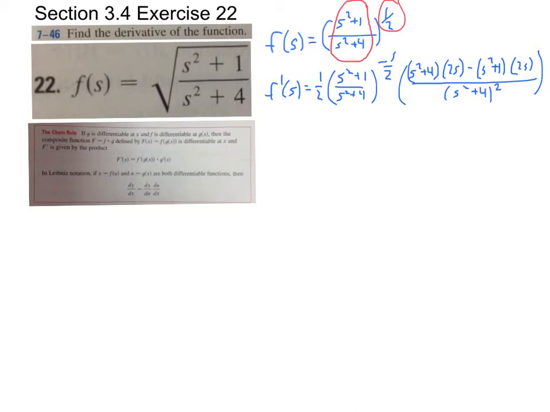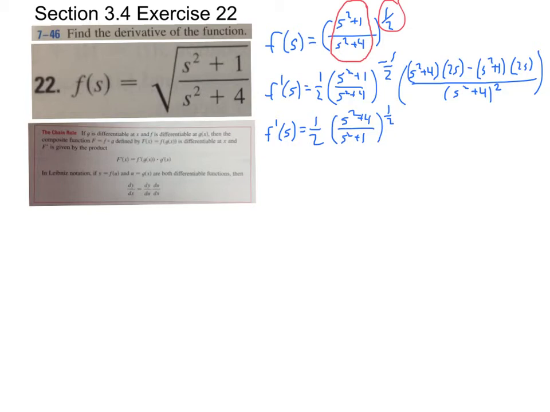So now we're going to simplify what we can simplify. F prime of s: the 1/2 I'm not going to do anything with yet. The second term, I have a quotient to a negative power. When we have a quotient to a negative power, that gives me the reciprocal of that quotient, so I'm going to rewrite this as s squared plus 4 over s squared plus 1, and now since I took the reciprocal, I can lose the negative sign.